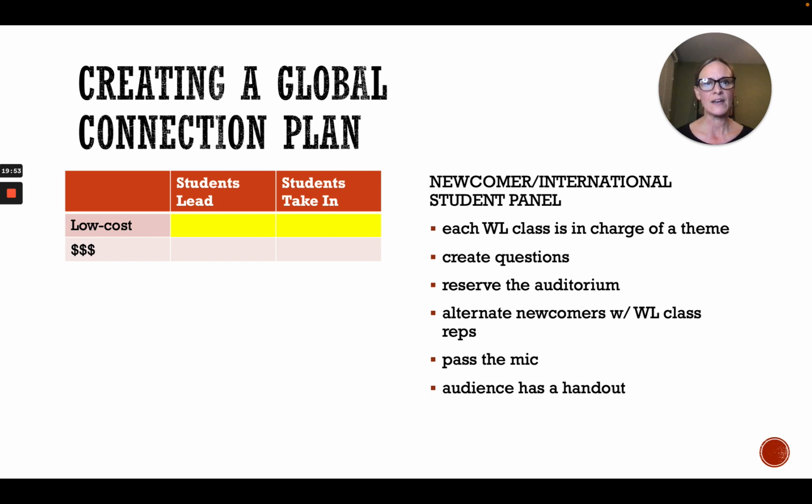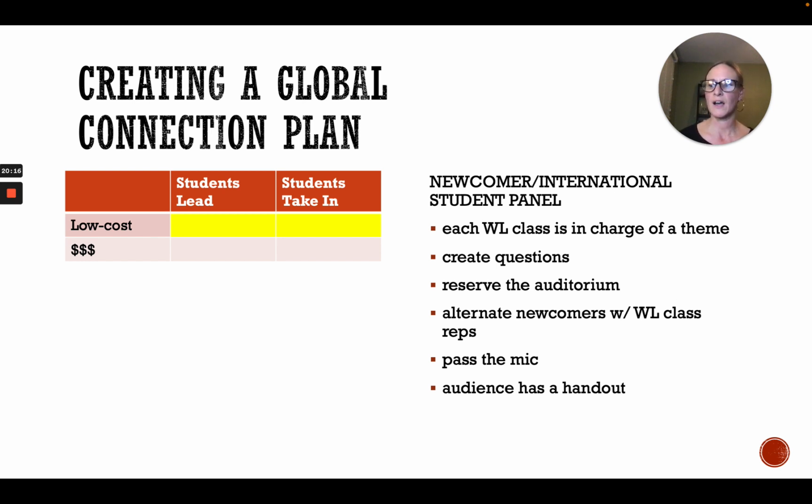So what would happen is every single world language class would participate in the student panel, and each class is in charge of a theme. So it might be something really simple, really low level, like holidays or stereotypes or school. Or it might be something more significant.